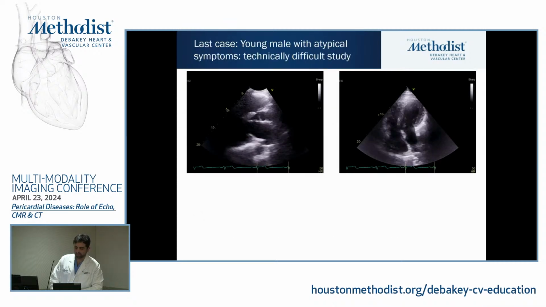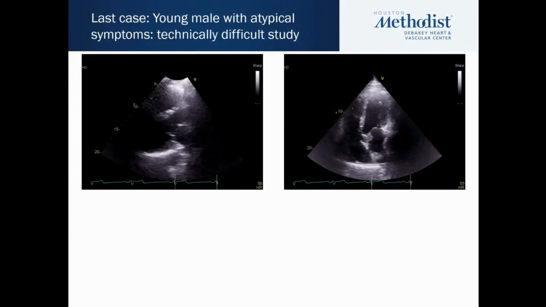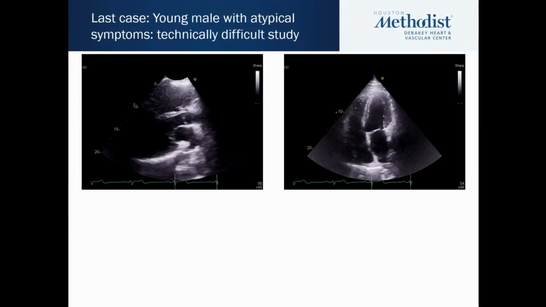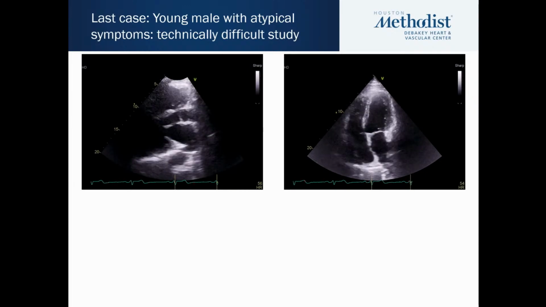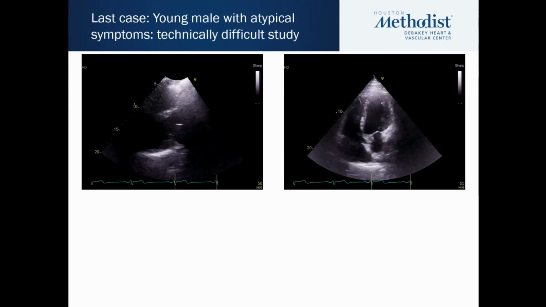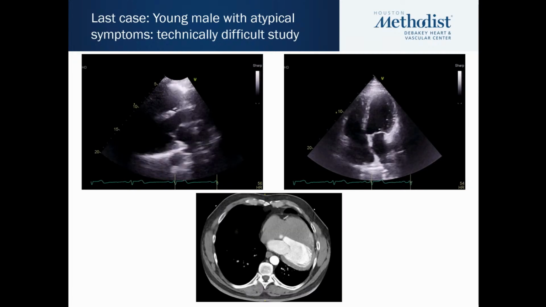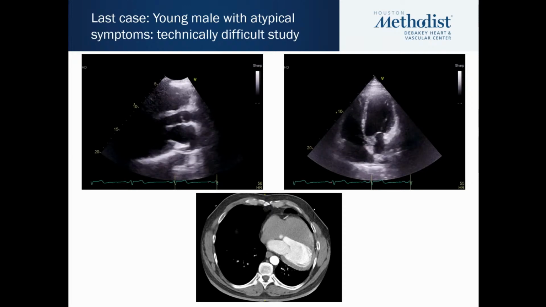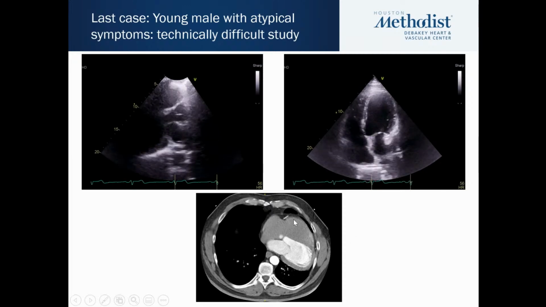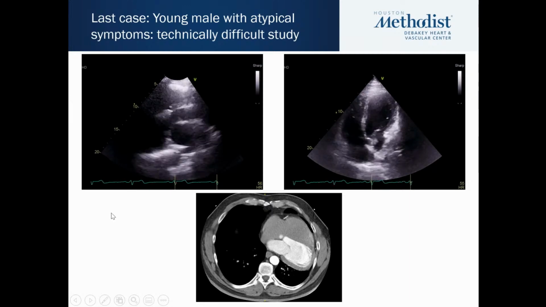Last case, so a young patient, atypical symptoms. Technically difficult study is usually added at the end of the report. And usually these are sort of a spot diagnosis. This was essentially congenital absence of the pericardium, where it causes this shift of the position of the heart to the left side. It creates challenges with imaging.